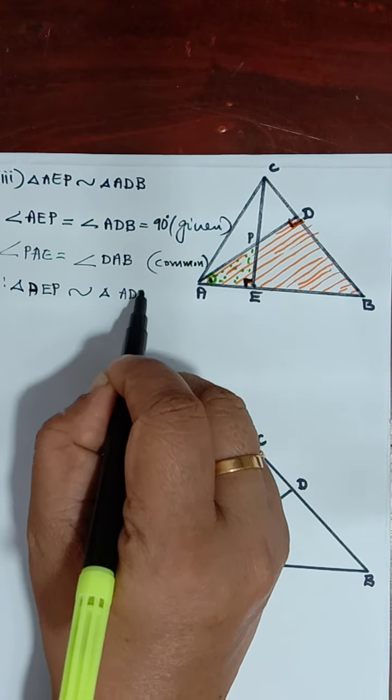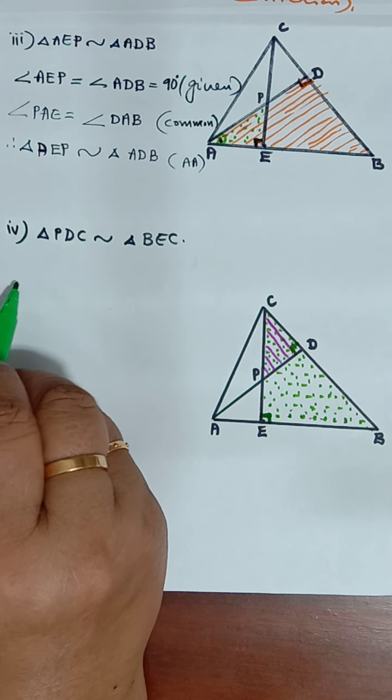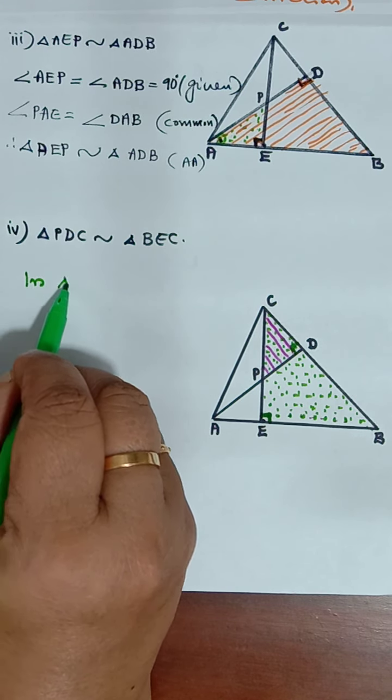These two angles are equal and it is 90. They are the altitudes. In triangle PDC and triangle BEC, we have angle PDC equal to angle BEC equal to 90 degrees. That is given to us. We have to write it as given.